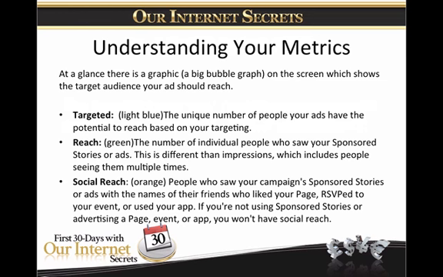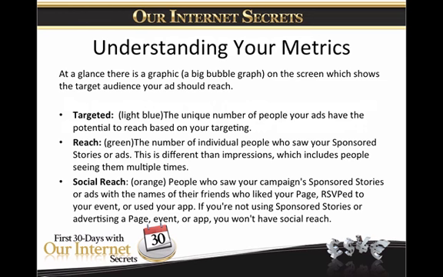That's the unique number of people your ad has the potential to reach based on your targeting. For instance, my run marathon training was between 26 and 62-year-old Australians who live in Australia that have interests of marathon and marathons, and it was around about 74,000 people. So that would be the targeted audience.